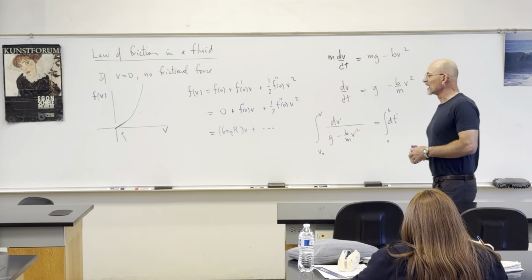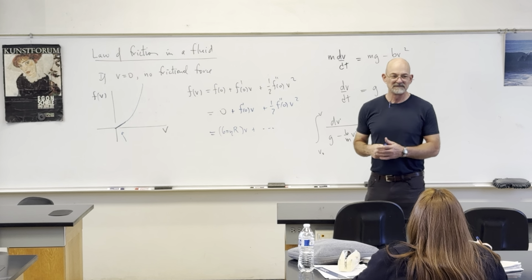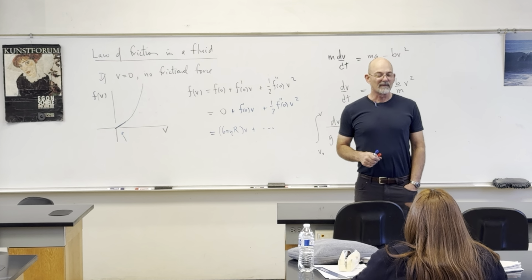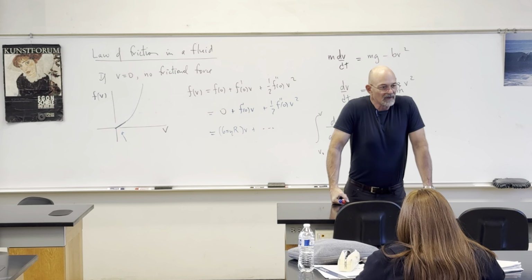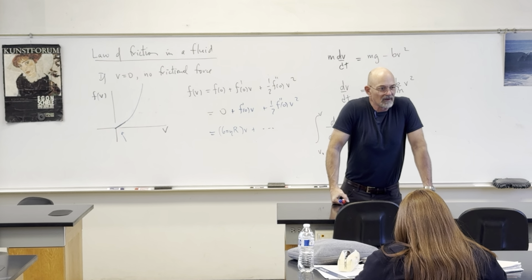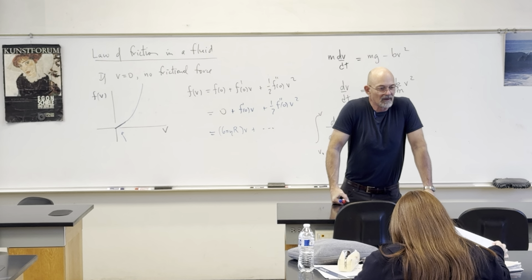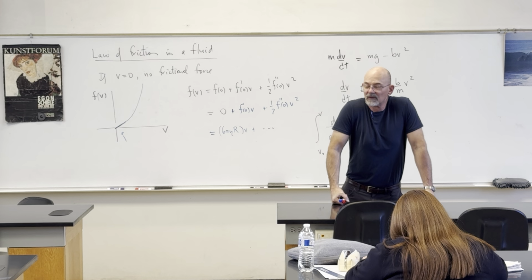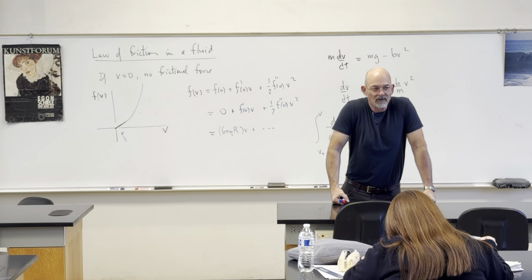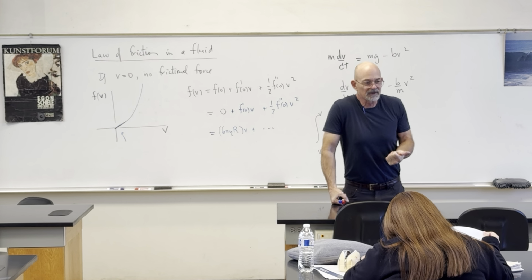So the last thing we'll discuss is what's due on Friday. Somebody remind me what those first four problems were. First one was calculating range. Range of the projectile, good.